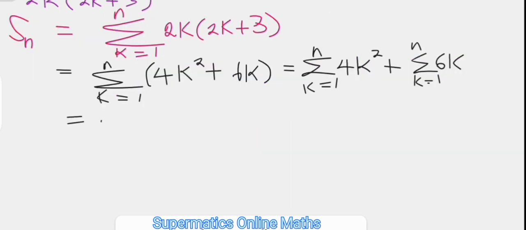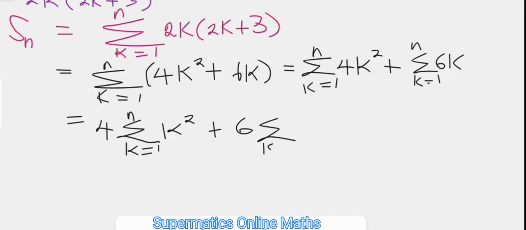This can further be written as 4 times the summation of k from 1 to n of k squared plus 6 times the sum k from 1 to n of k.